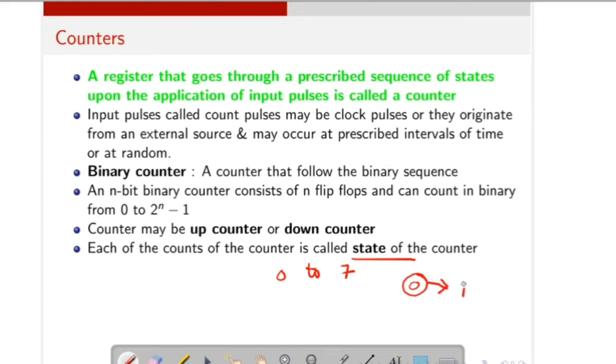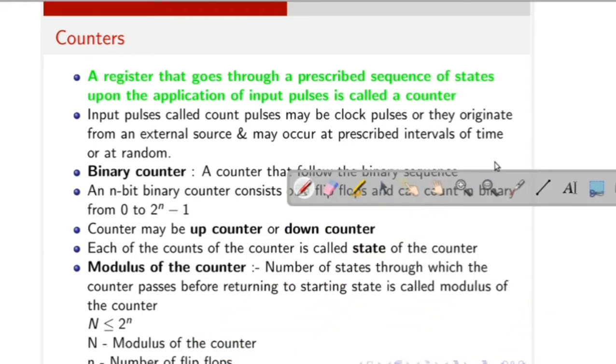From 0 it goes to state 1. Then from 1 it goes to state 2. Then it goes to 3, then 4, 5, 6, then 7. Okay, so these are the sequence of states of the 3-bit counter. So each count is called the state of the counter.